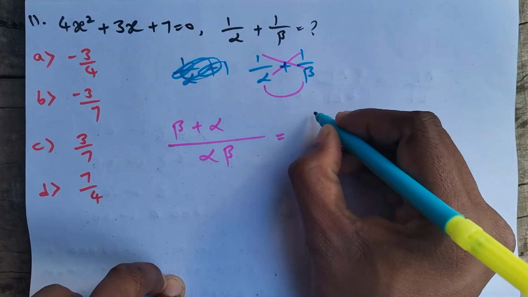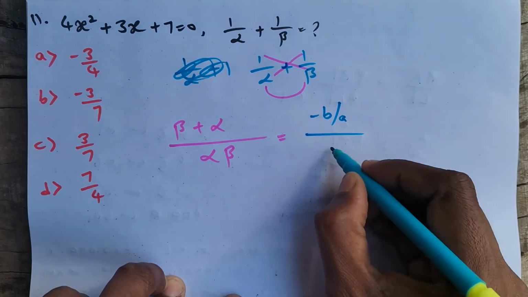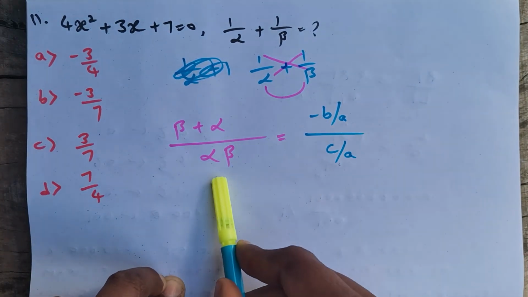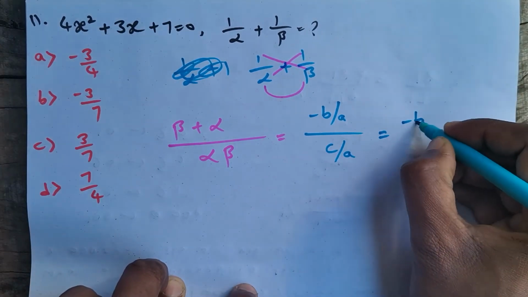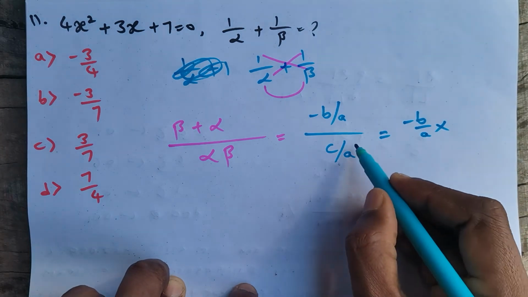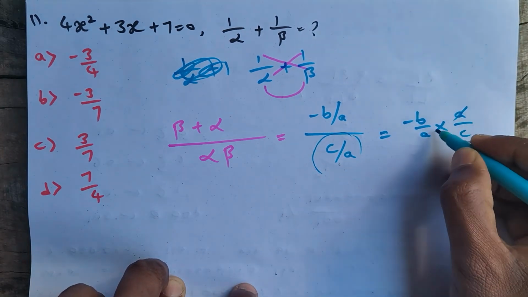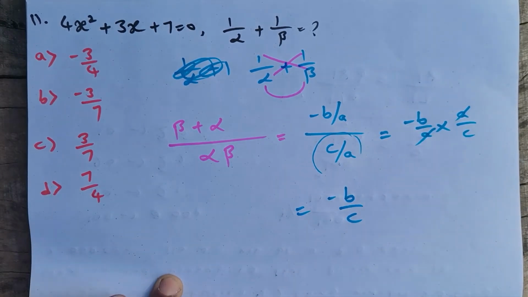So alpha plus beta value, minus b by a, by alpha into beta, c by a. Sum of the zeros is minus b by a, product of the zeros is c by a. Here the numerator minus b by a as it is into this denominator c by a will become reciprocal a by c. A cancels, so it is equal to minus b by c.